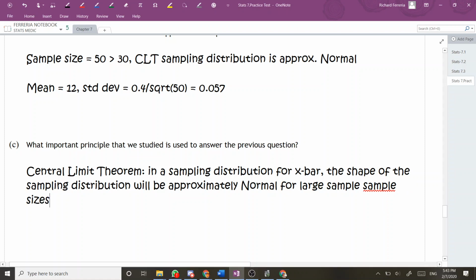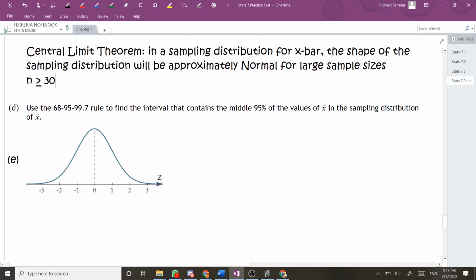And how large is a large sample size? Well, that's about n greater than or equal to 30.